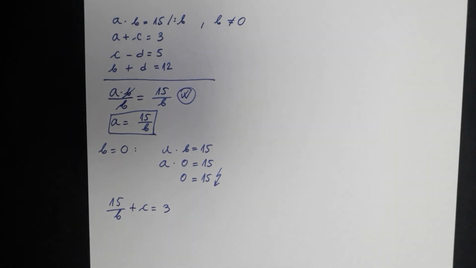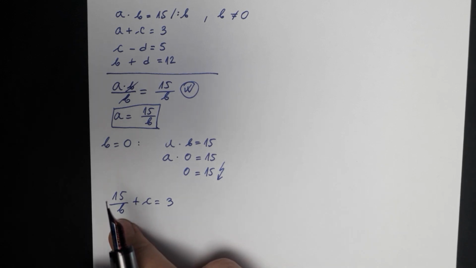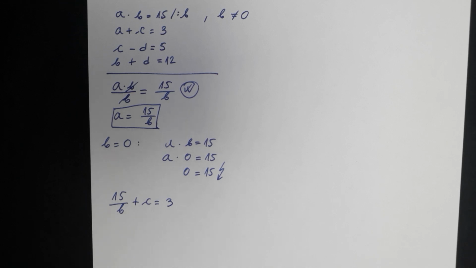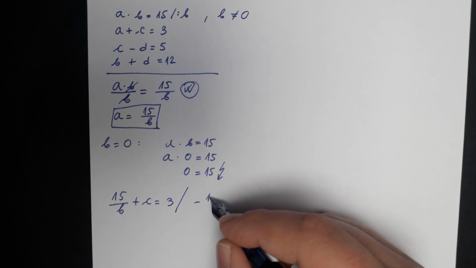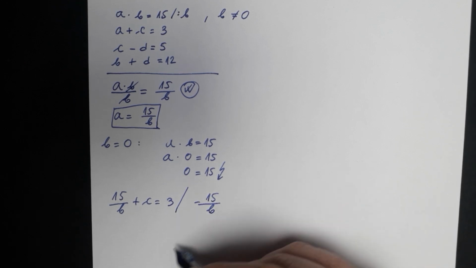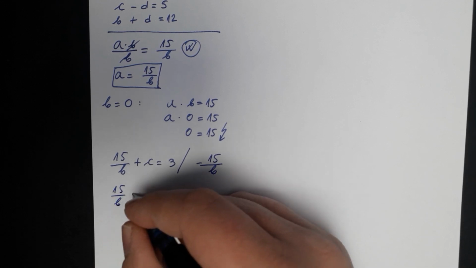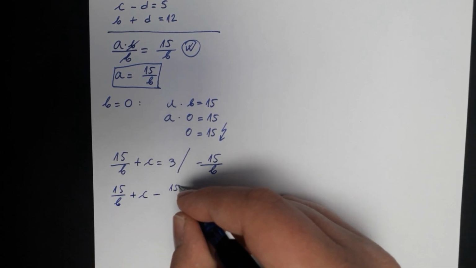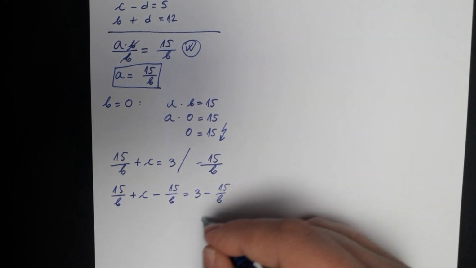Now, when solving this equation 15 over B plus C is equal to 3, we have to eliminate this part 15 over B. And we can do that by subtracting the value of 15 over B from both sides of this equation. That is how we get that 15 over B plus C minus 15 over B is equal to 3 minus 15 over B.